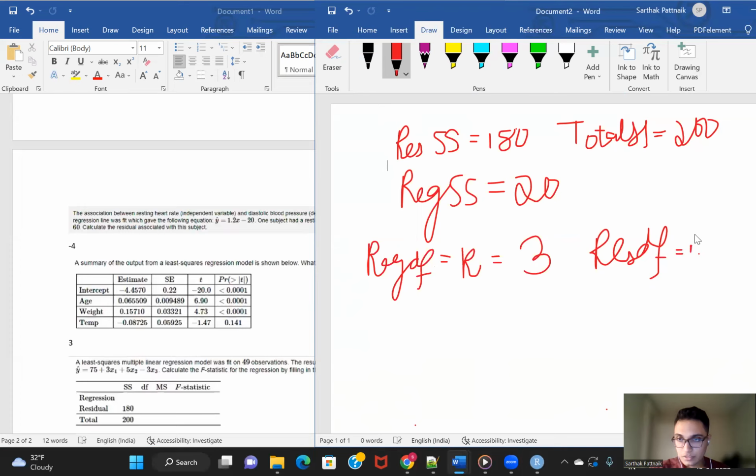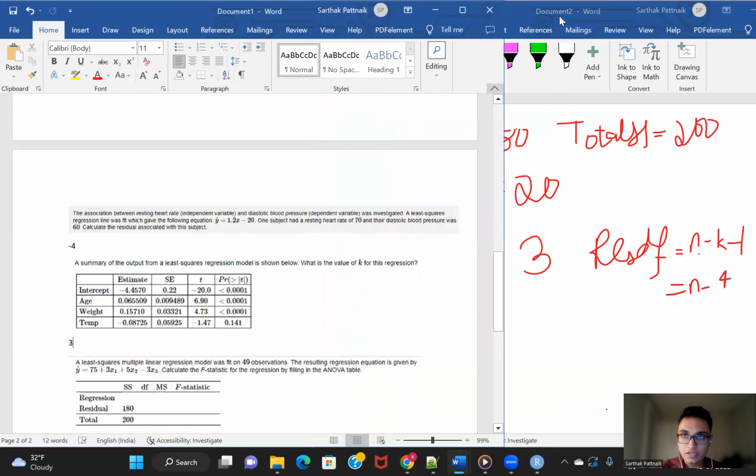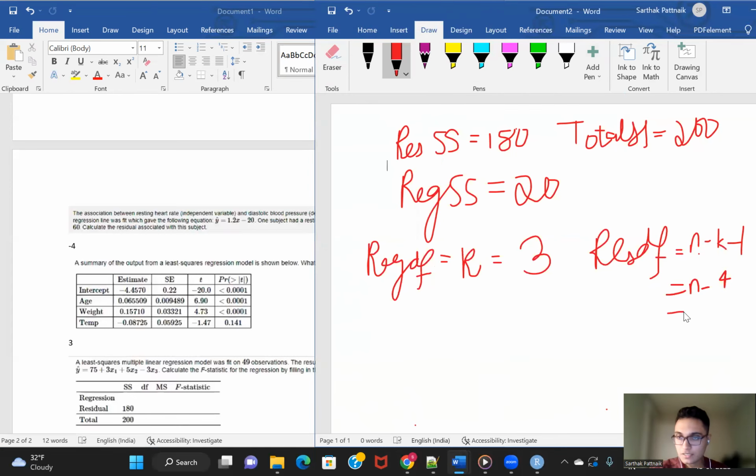The residual degree of freedom is equal to n minus k minus 1, n minus 4. Here your number of observations is 49, so 49 minus 4 gives me 45. All right.